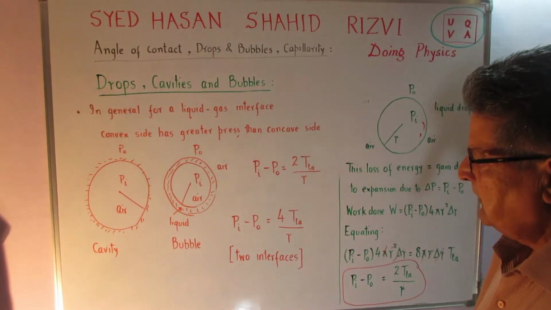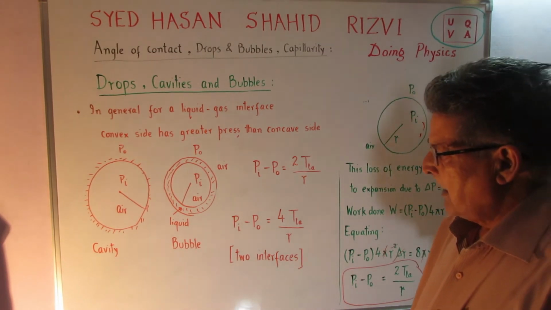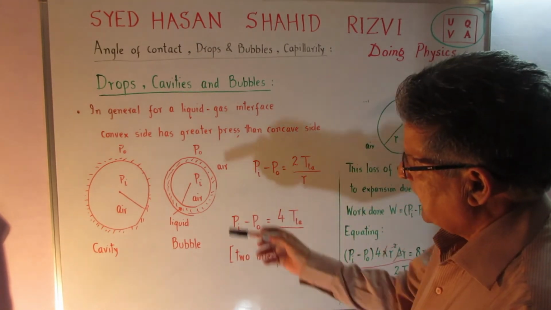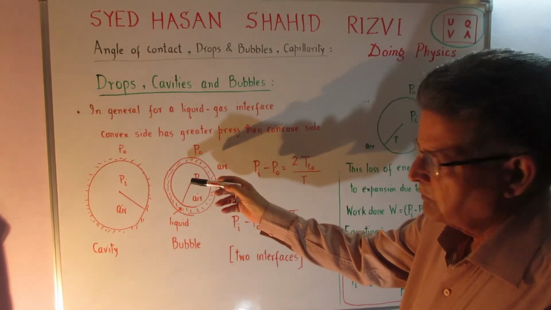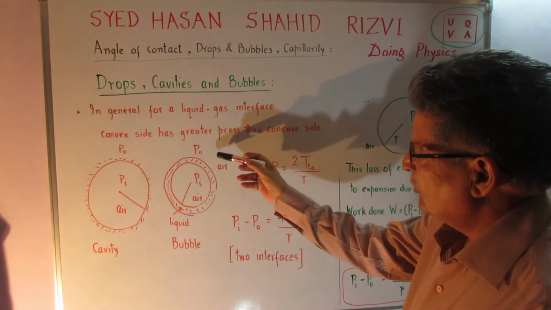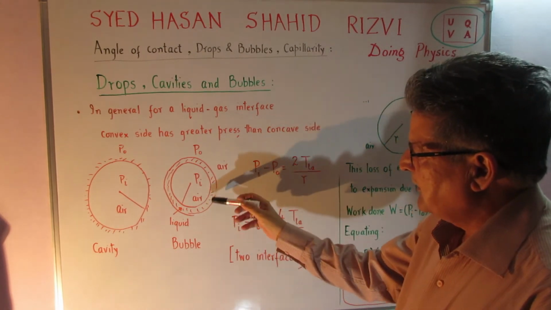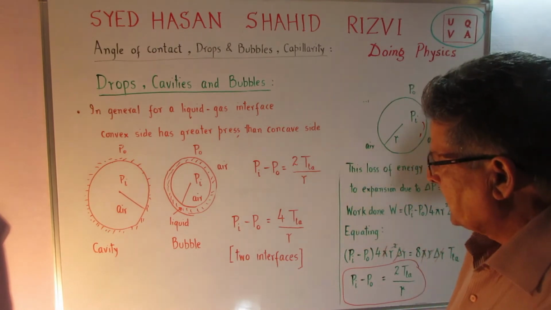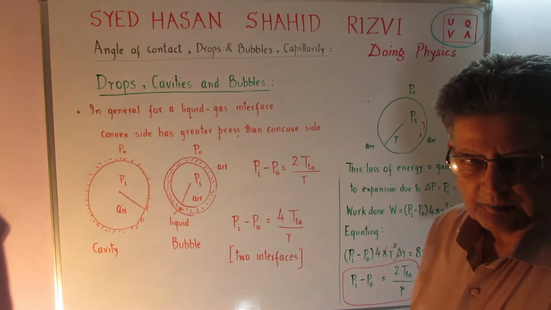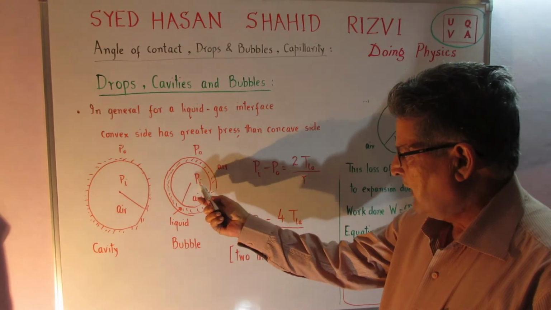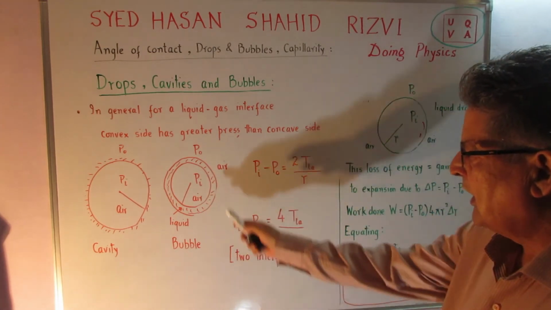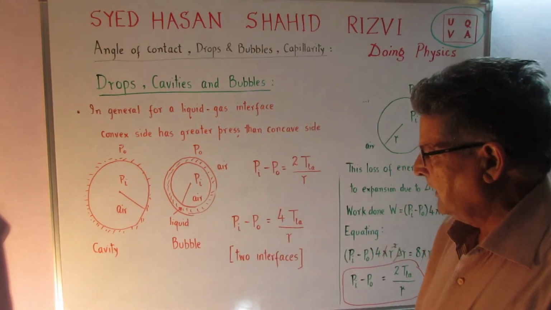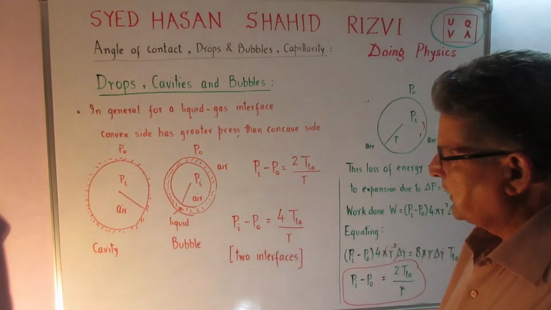But when we have a bubble, normally a soap bubble, inside there is air and outside also there is air. There is a thin film of liquid which has got now two interfaces, one liquid air interface inside and the other outside. It has been shown exaggerated, but normally this is very, very thin.